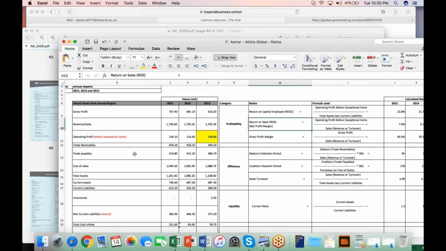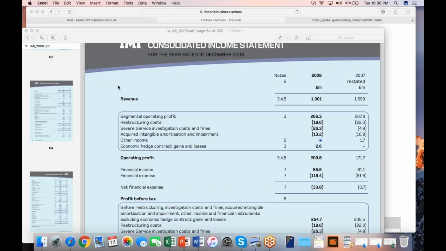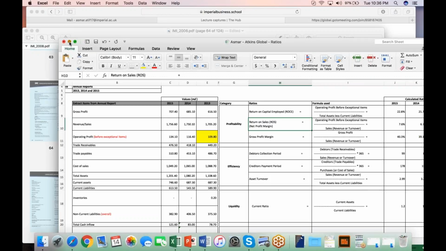And net profit in this case, I have deleted net profit because INI is also an engineering company. Why I have deleted net profit, I'll tell you now. Because there may be a confusion to you also, how can you calculate net profit by dividing operating profit before, again the same thing, by sales. So here you go. Here is the answer.